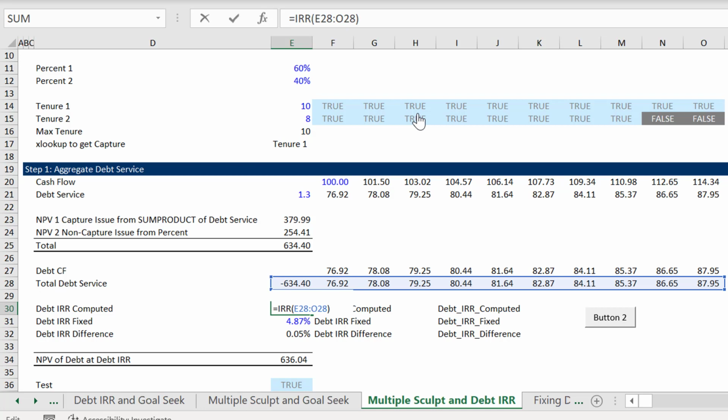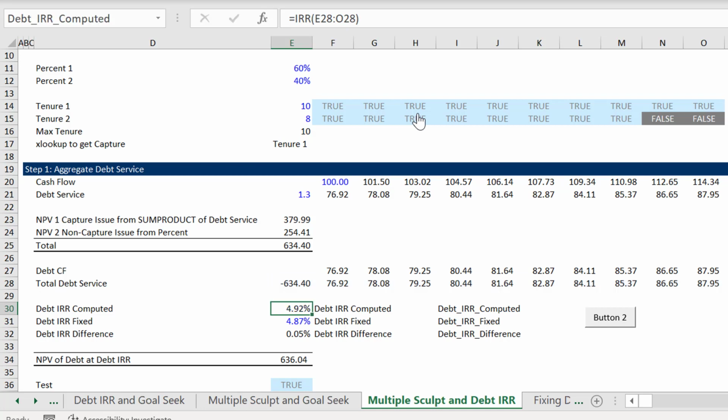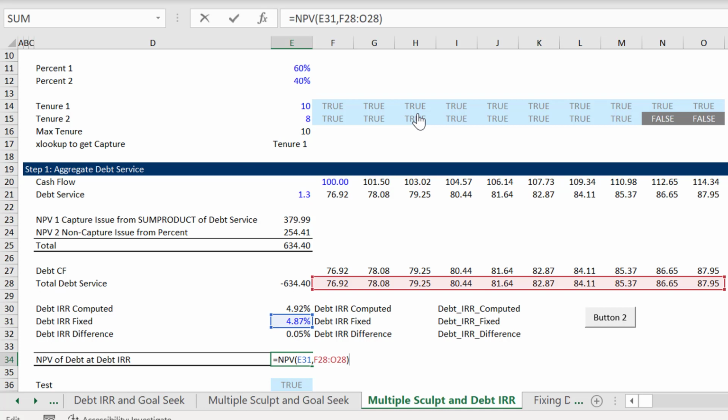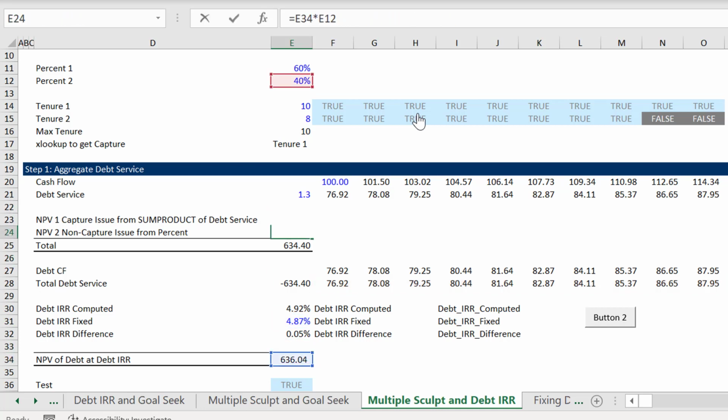Now, the problem is that it almost makes you shake and shiver with the circular references, because the IRR depends on this number, but this number is going to drive the total debt here, and this total debt is what drives issue number 2. So we have this horrible little circular reference, not a bad one.